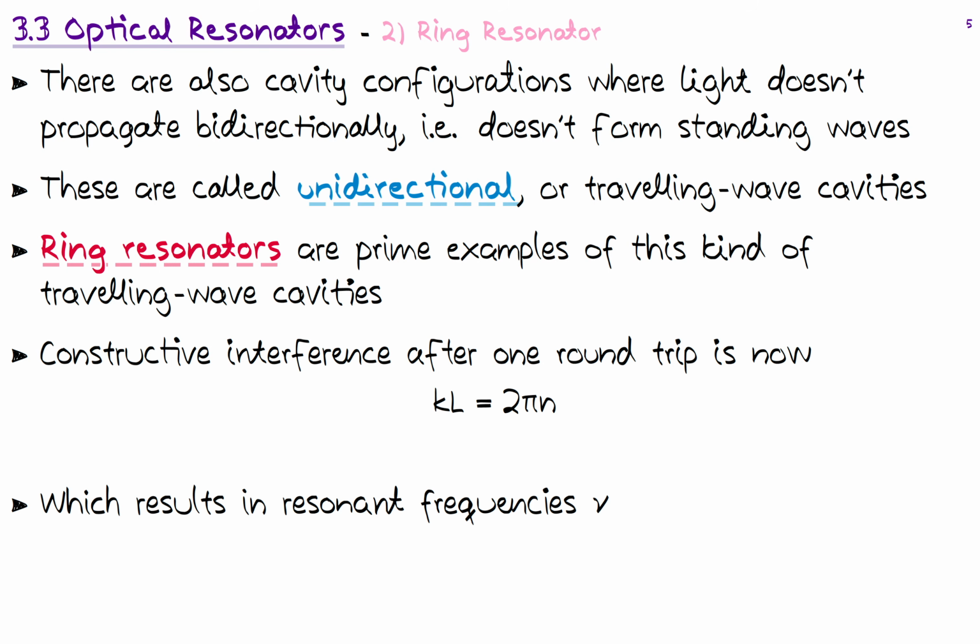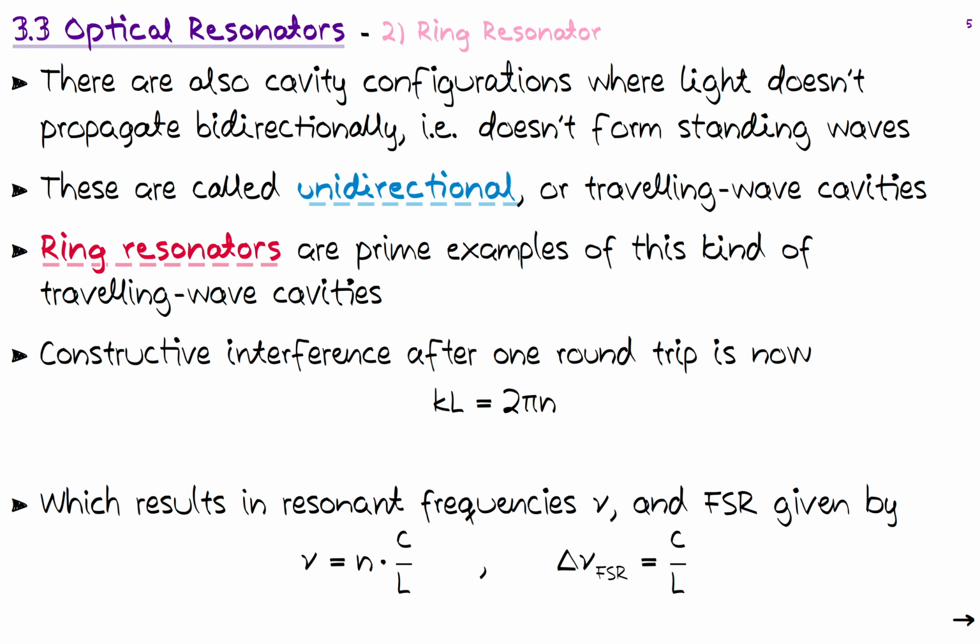That's the condition, and this gives us then the resonant frequency nu and the free spectral range of this form. So it's almost like the previous case, but now we are just losing a factor of 2 in our equations.